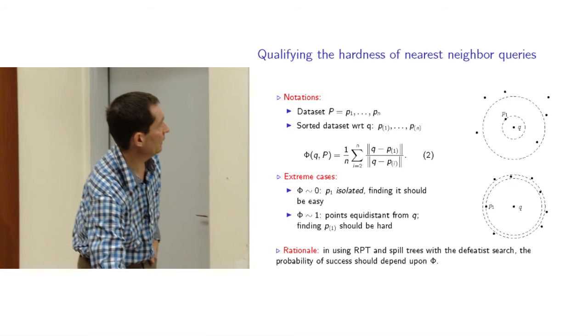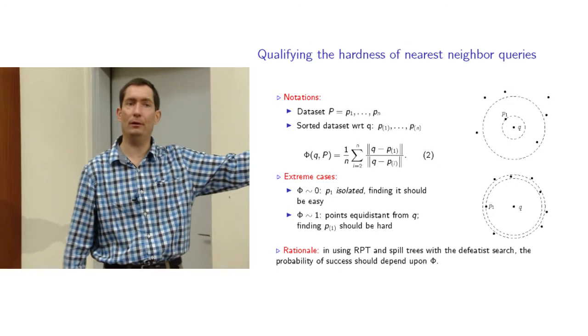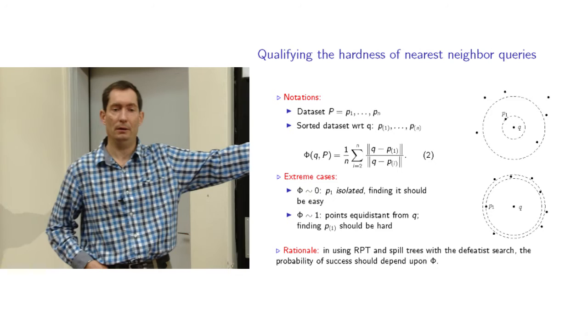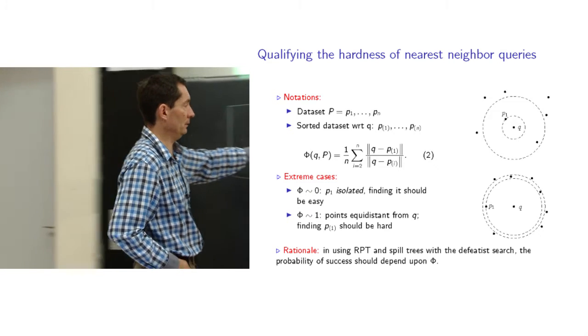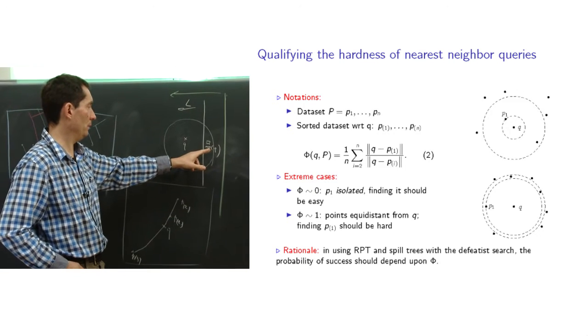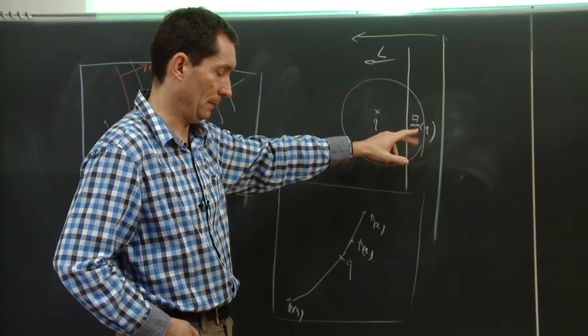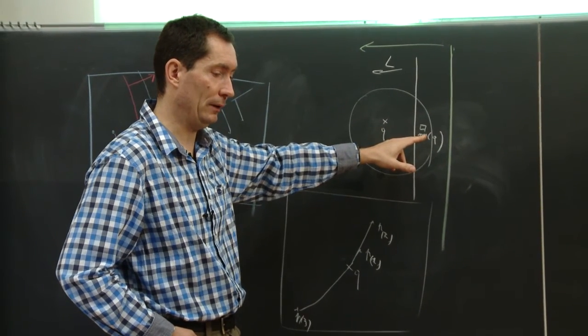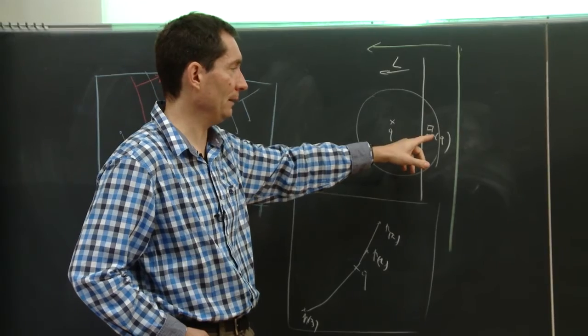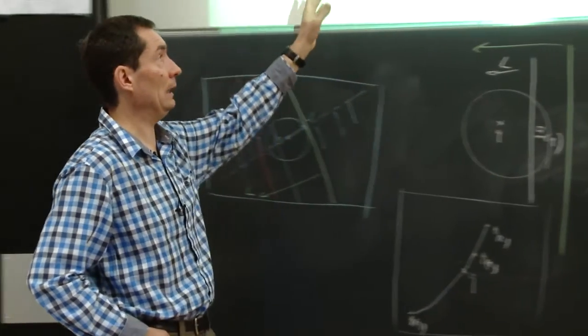And so, of course, now we have been discussing the failure probability, namely the fact that in running the algorithm we were not recovering the exact nearest neighbor. But in light of the function phi, what we would expect is the following.